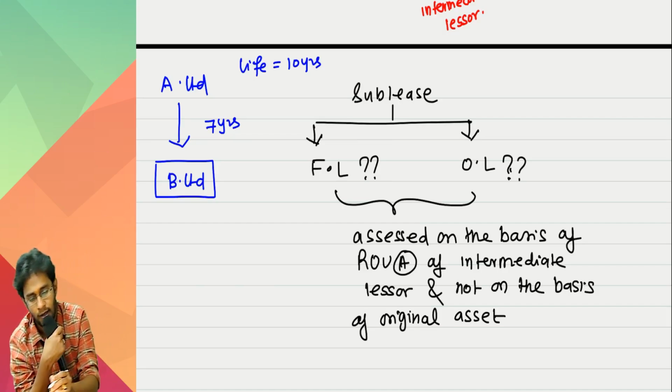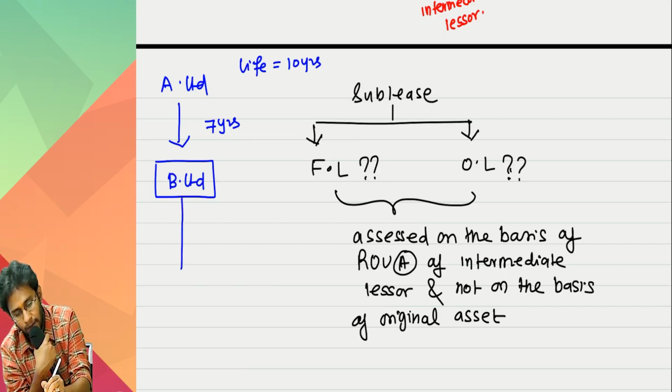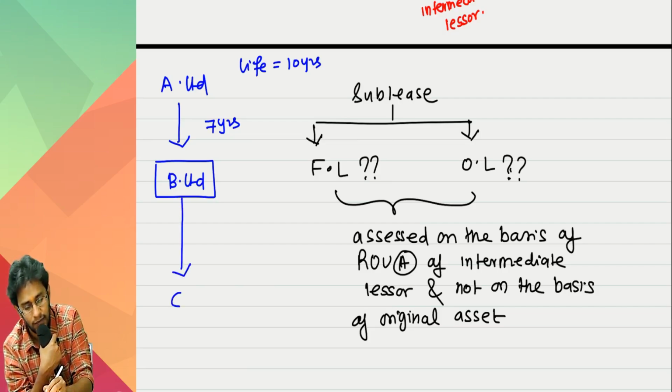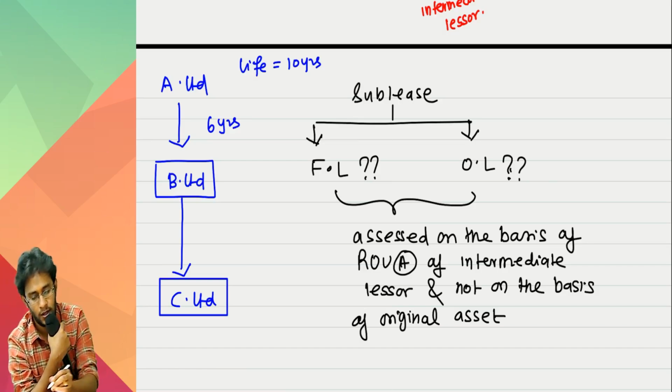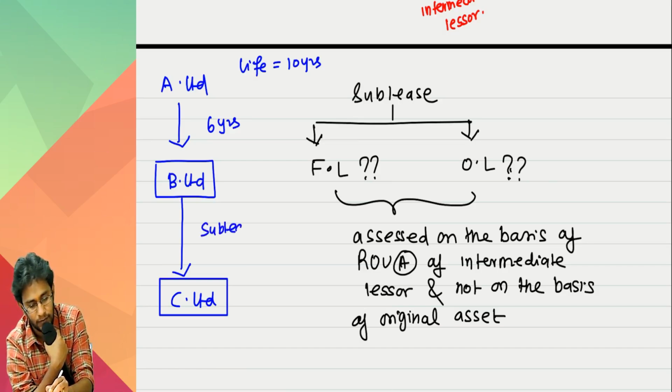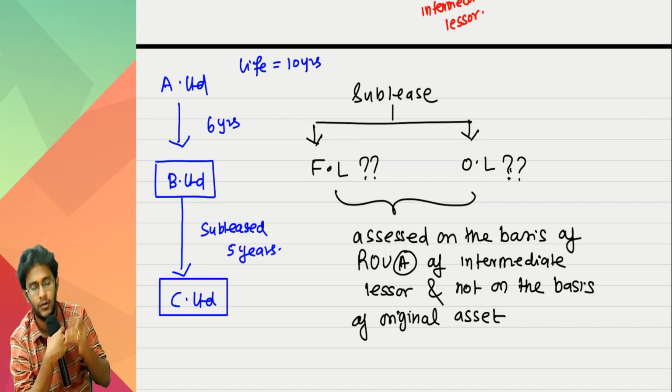But today, B Limited became a lessor and he in turn gave the asset to C Limited on lease. Let us make it much more interesting. Let's make it 6 years then. This fellow has subleased it for a period of 5 years.